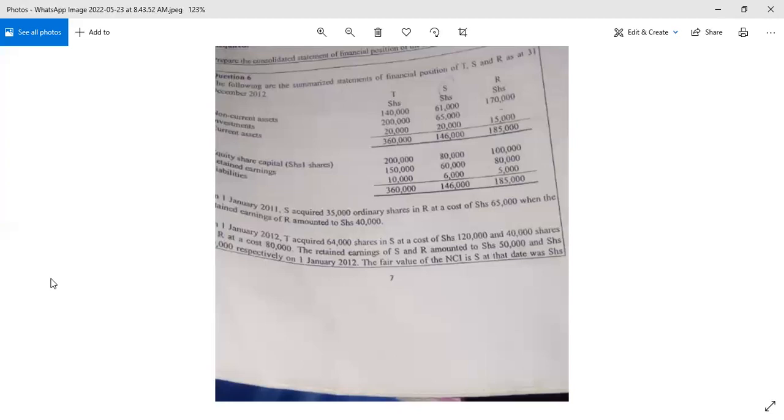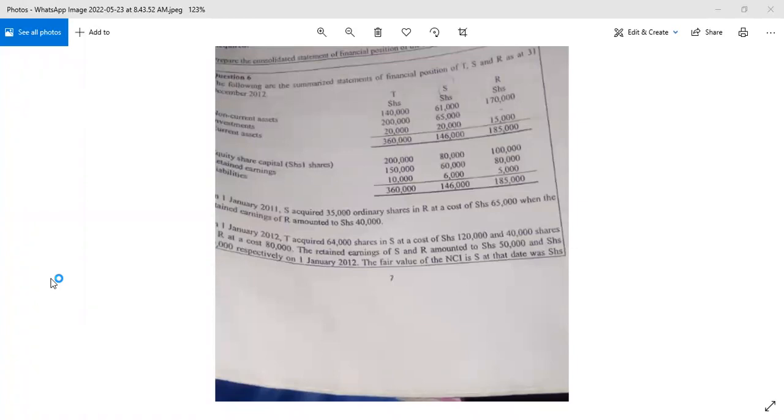Then they also say that on 1st January 2012, T acquired 64,000 shares in S. So to get the percentage, it is 64,000 over the number of shares, 80,000 divided by 1, which is 80,000 still. 64 divided by 80 gives me 80%.